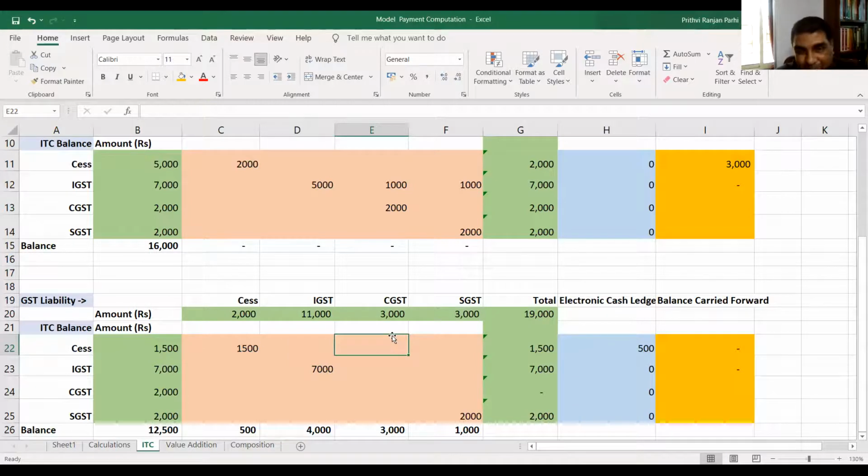I got SGST ITC. If you want, you can pay cash. Nobody is going to restrict that. Sir, but the CGST ITC is less than the CGST liability. So that's why we have to pay. You want to use IGST for the liability, you want to use it for CGST and SGST credit, and you want to pay the rest in cash.